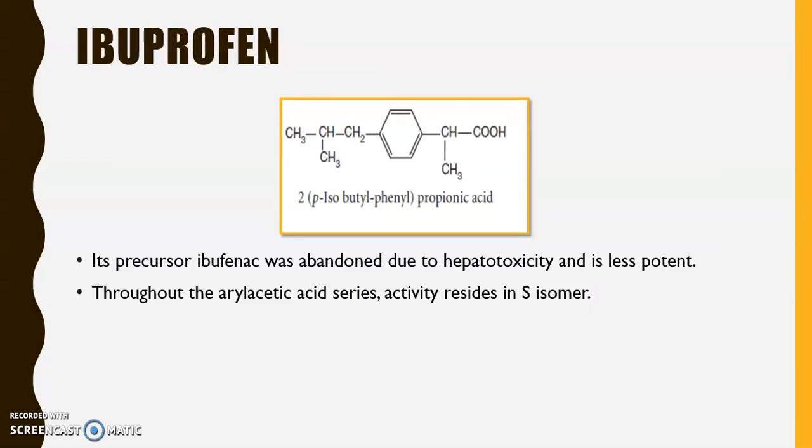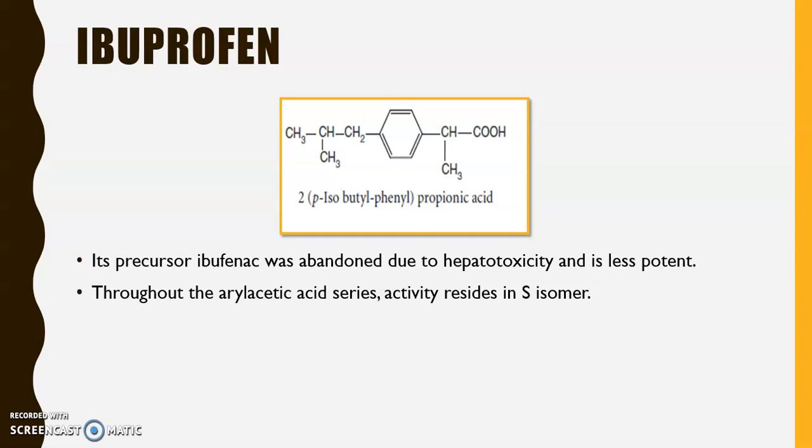Ibuprofen, its precursor ibufenac was abandoned due to hepatotoxicity. And you can see that it is an aryl acetic acid derivative and its activity resides in the S isomer.